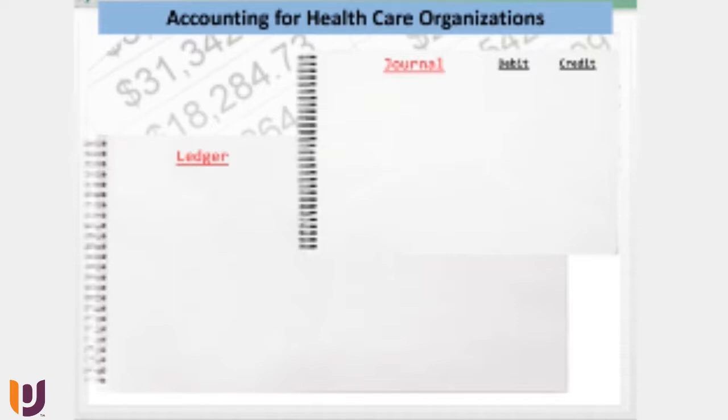Recording patient charges can be complicated at a hospital. Some of the amount is due from the patient and another portion from the third-party payers such as Medicare and the insurance companies.